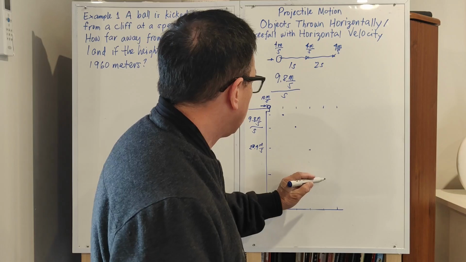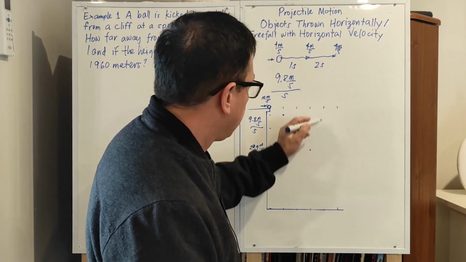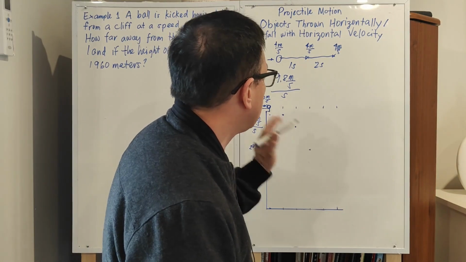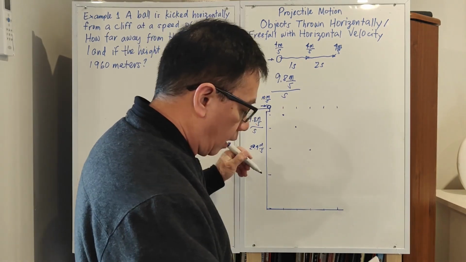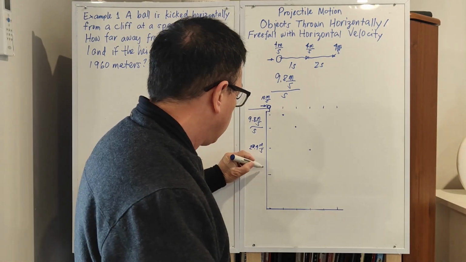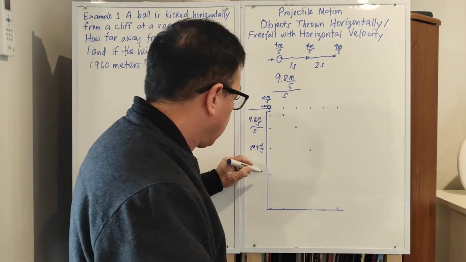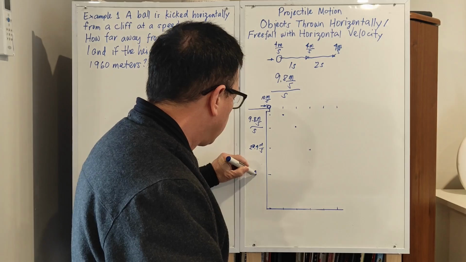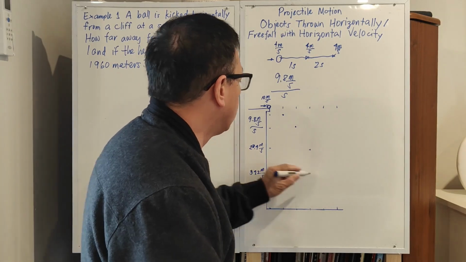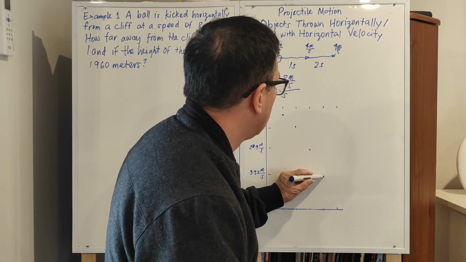So for example, after 4 seconds, it will still be at 10 meters per second horizontally, but vertically, the downward velocity will be 39.2 meters per second now at this point.